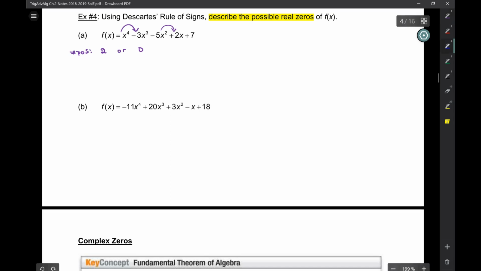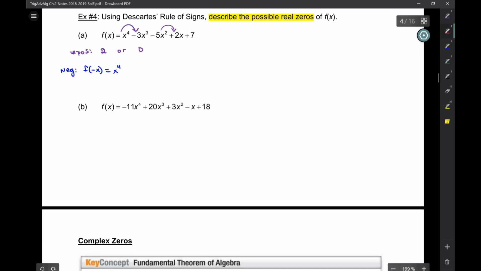Okay. For the negative one, we need to take f of negative x. You know what you're going to do? I'm just going to give you the shortcut. Here's what you're going to do. The exponents which are even, you're not going to touch them at all. So x to the 4 stays x to the 4. For the odd exponents, they're going to flip sign.